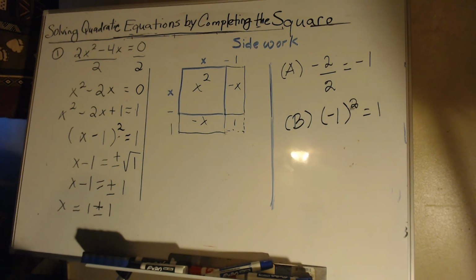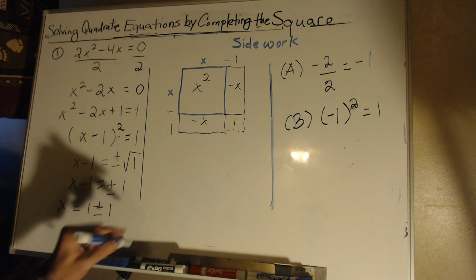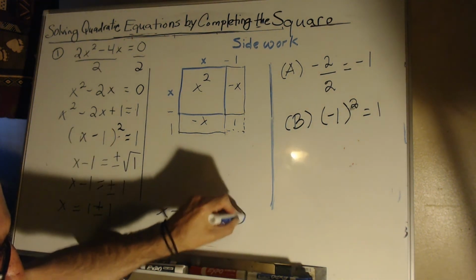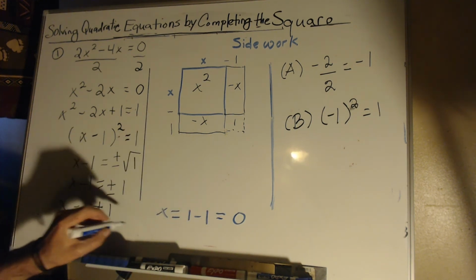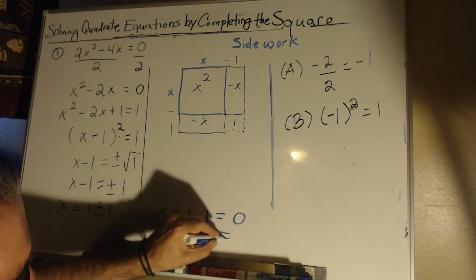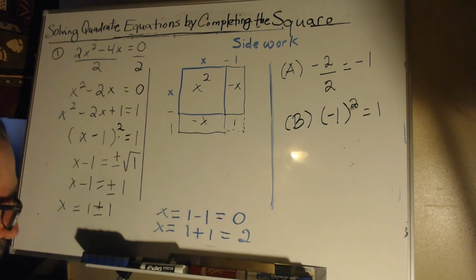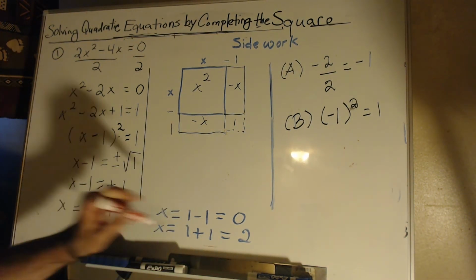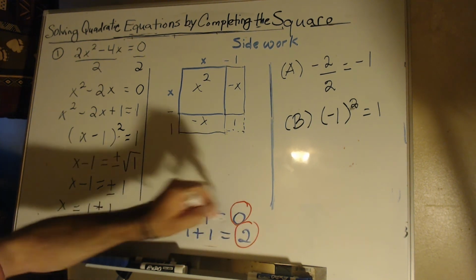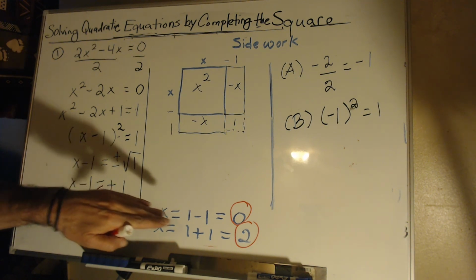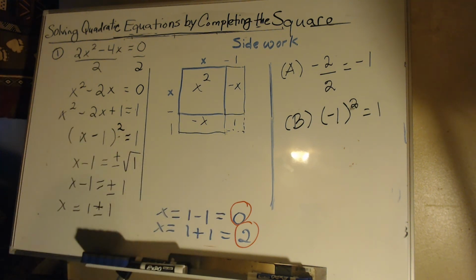The first case with subtraction, we've got 1 minus 1 or 0 as a solution, and the second case with the addition, 1 plus 1 equaling 2 as our other solution. Again, if you go back to the beginning equation, you could have factored out a greatest common factor of 2x and come up with those two solutions a whole heck of a lot quicker.